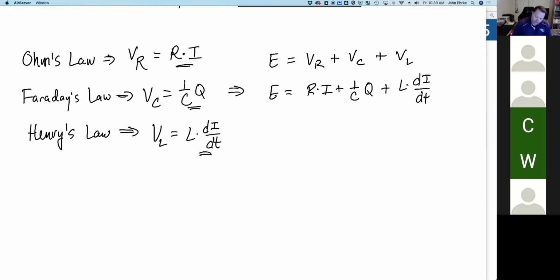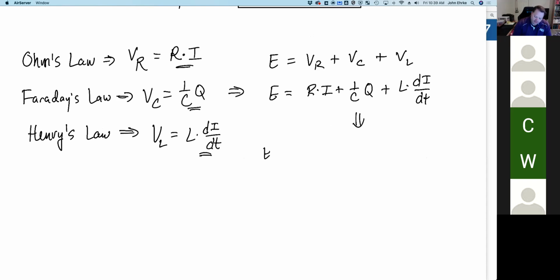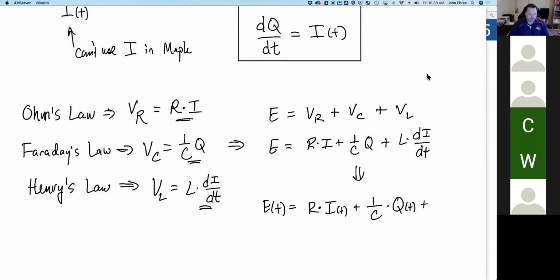So written another way, this is E of t equals R times I of t plus 1 over C times Q of t. And I am going to replace the derivative of I here using this formula.